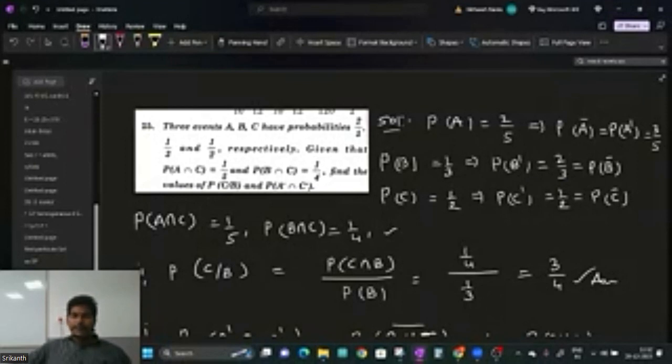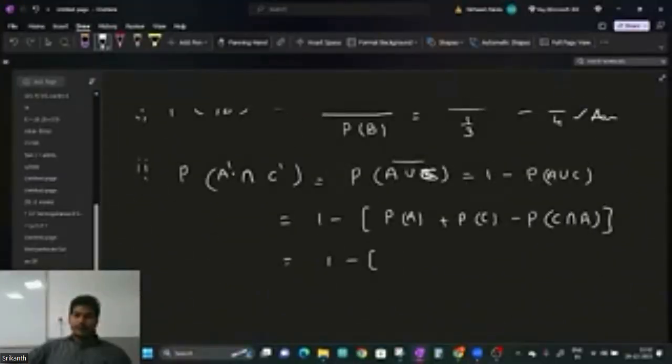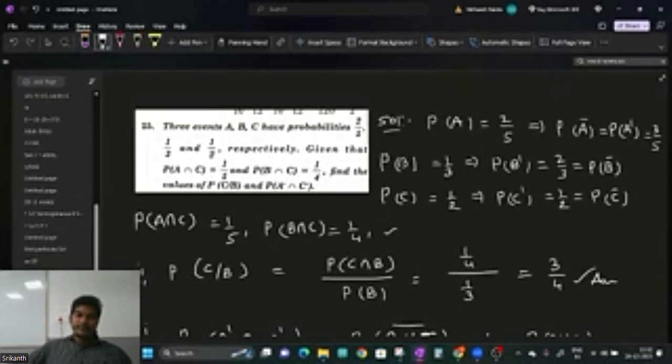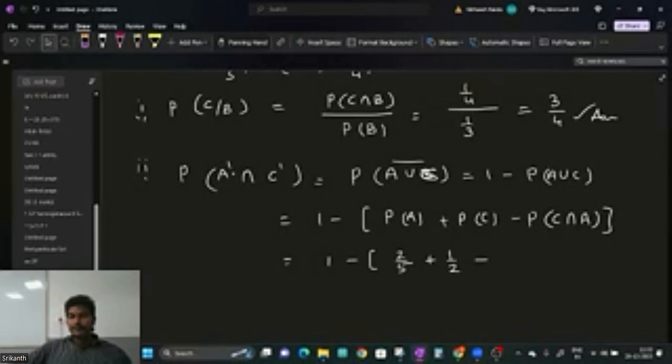P of C is 1 by 2, minus, how much is this? A intersection C, 1 by 5.